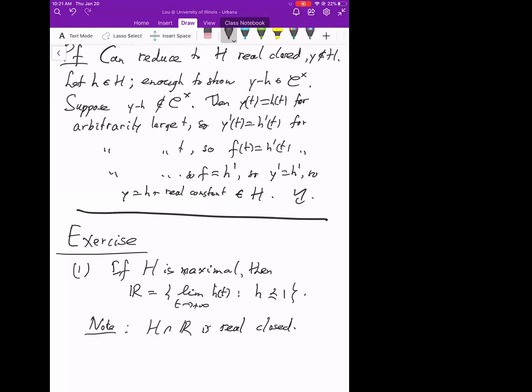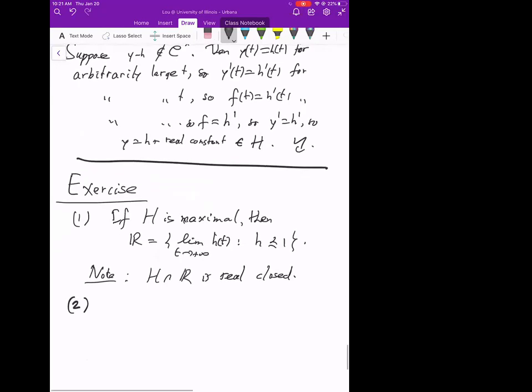2. This makes it quite clear that you get many situations where the reals are not included in the maximal Hausdorff fields.